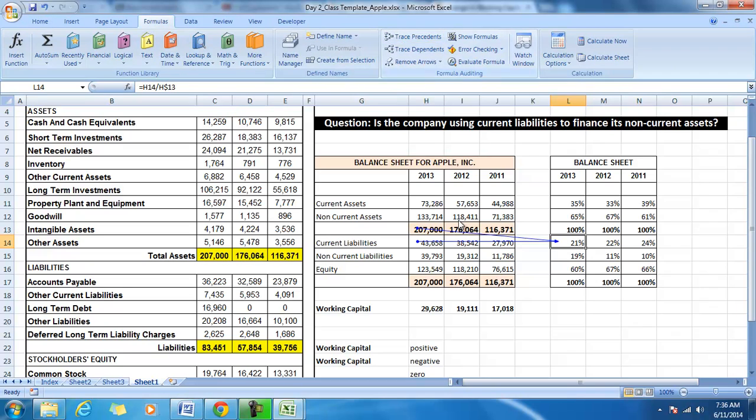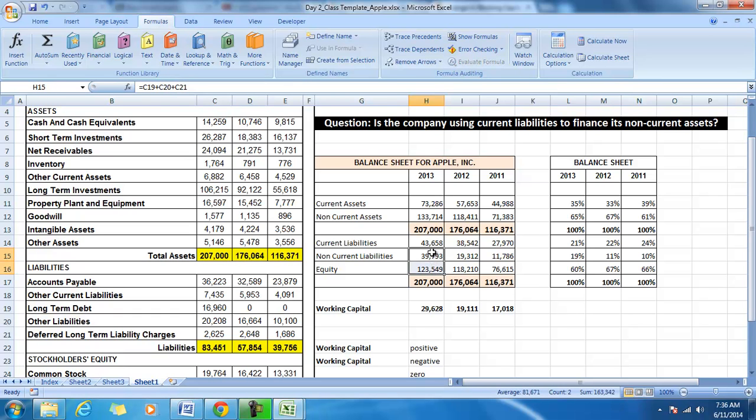So that means out of this 207,000 assets, only 43,000 or 21% of these assets are being financed by the current liabilities. So where is the balance coming from? The current assets are said to be financed by these non-current sources, that is either non-current liabilities or equity.